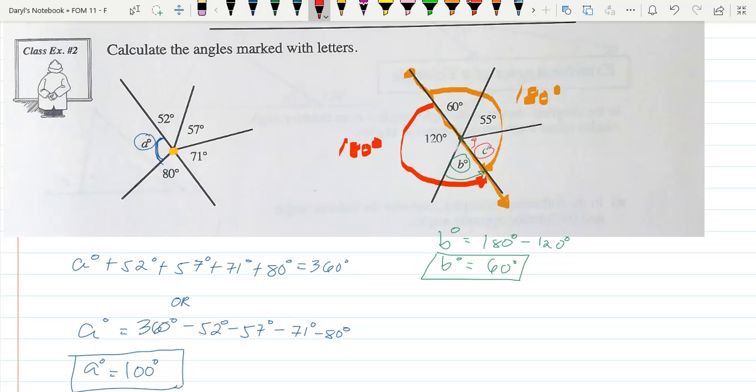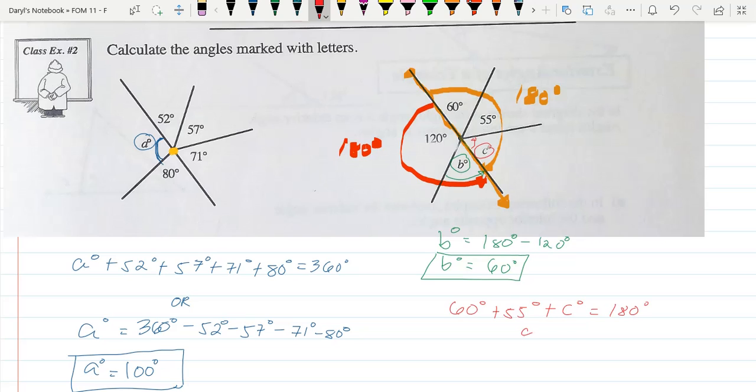Using this straight line, 60 plus 55 plus C is 180 degrees.